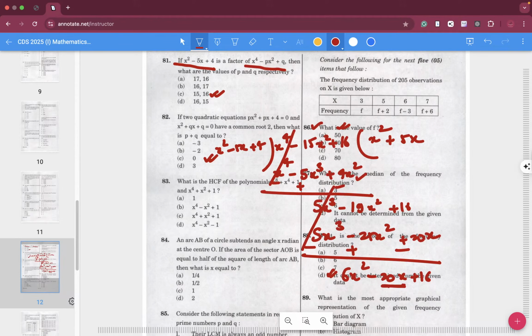To divide it, by what value will you be multiplying? The contention is with the coefficient of x square and the constant term.